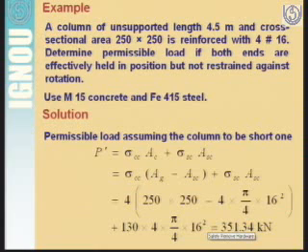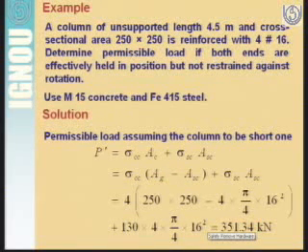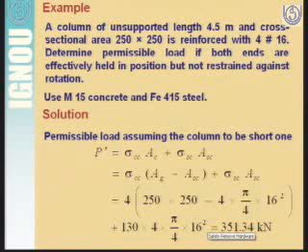Determine the permissible load if both ends are effectively held in position but not restrained against rotation. This last line gives you the boundary condition at the two ends of the column. So keeping in view the boundary condition, you will calculate the effective length of the column. And this problem says to use M15 concrete and Fe 415 steel.